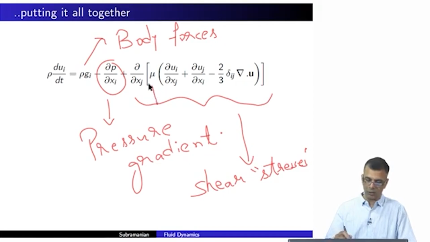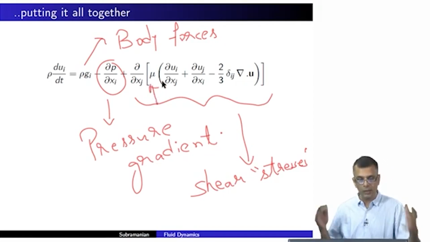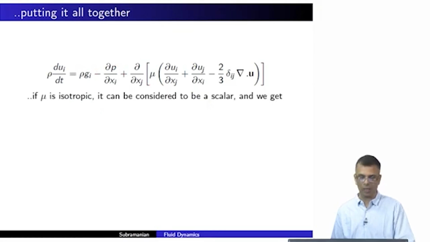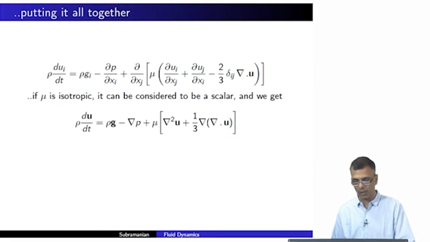The coefficient of viscosity is this mu. So, this is the Navier-Stokes equation. If mu is isotropic, it can be considered to be a scalar, and instead of this pesky notation, if you wanted to write it down in terms of gradients or divergences, this is how it would look.